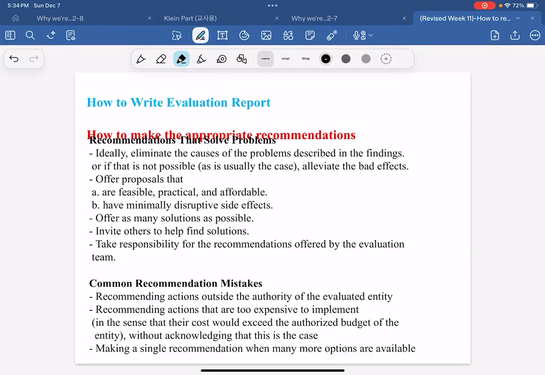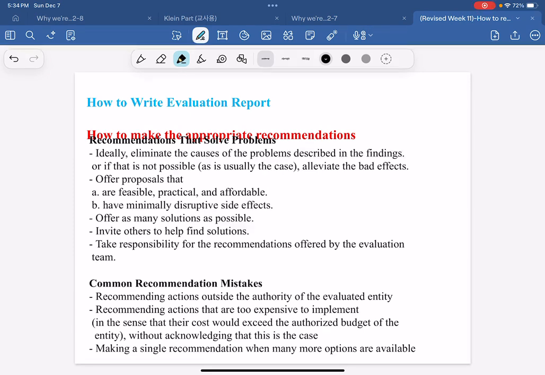Therefore, feasible, effective, and relevant recommendations will help public officials revise and improve the quality of their policy.